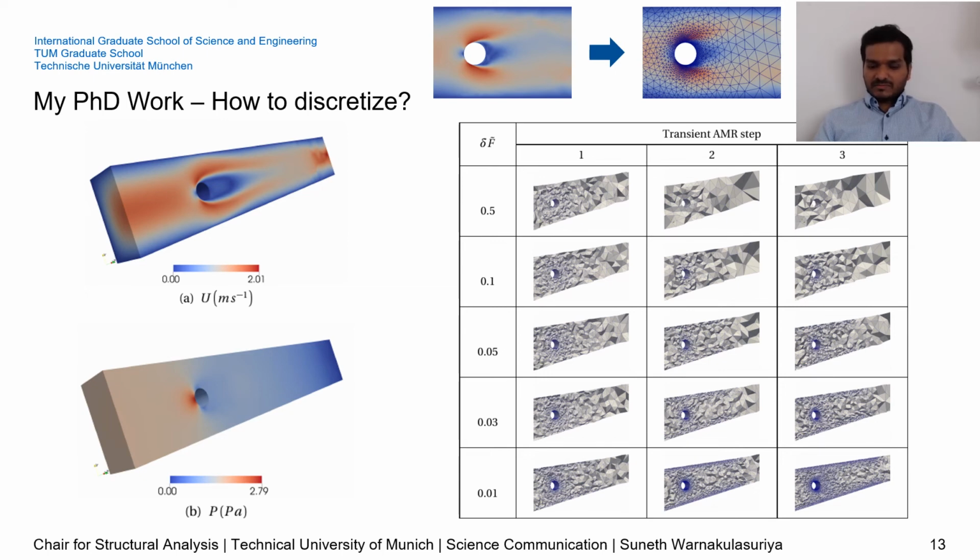Let's say I want a 50% error, so I get this kind of decomposition. Let's say I only want a 1% error, so I get this kind of decomposition. Like that, this domain decomposition can be automated based on how much accuracy you want. This is part of my thesis as well.